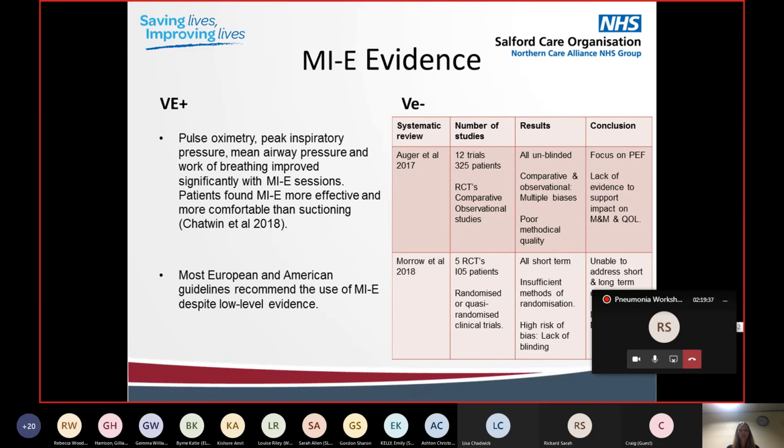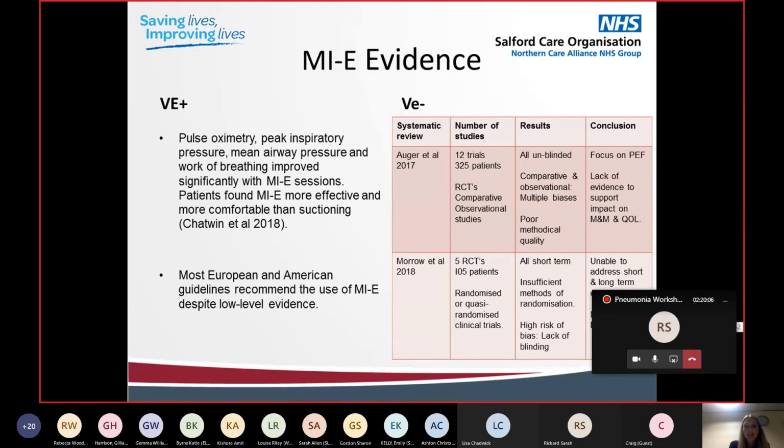So the evidence, like most, we find for and against. Going back to Michelle Chatwin's study, which is where I pulled some of the positives from, we do see a stability in oxygen levels, peak inspiratory pressures and mean airway pressure, and increased work of breathing is improved after sessions.